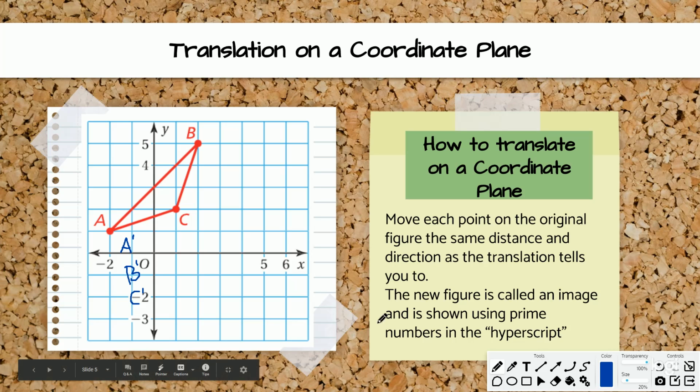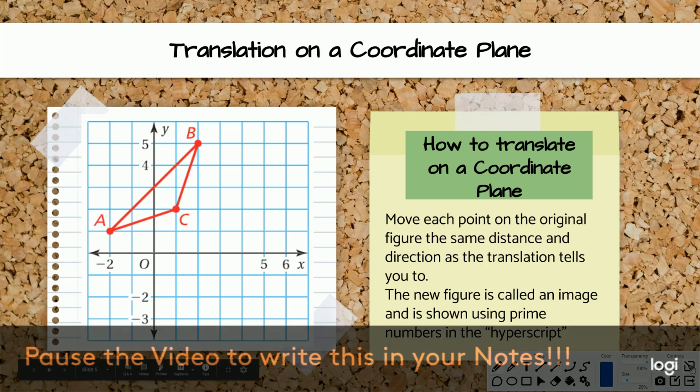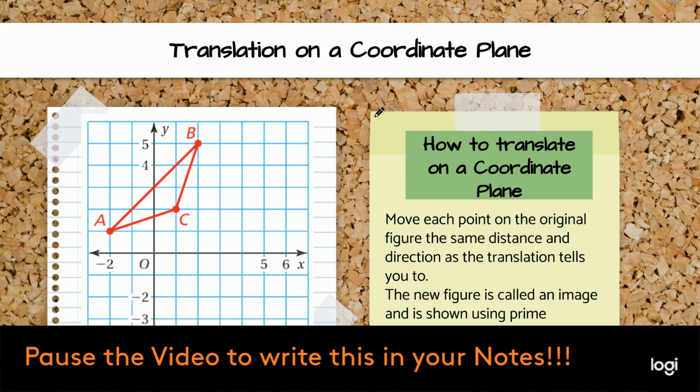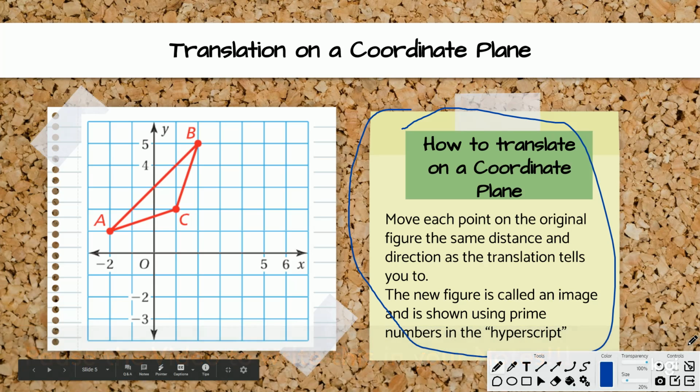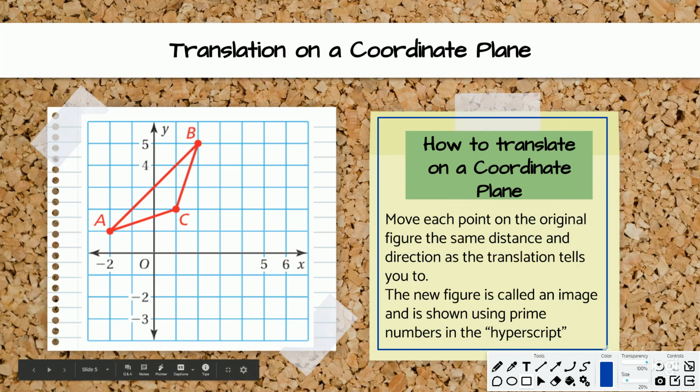Later on, we'll make multiple images, and we'll have double primes and possibly triple primes, but I'm not sure if we'll get that far yet. But please pause the video here and write this part right here into your notes. Just this part.